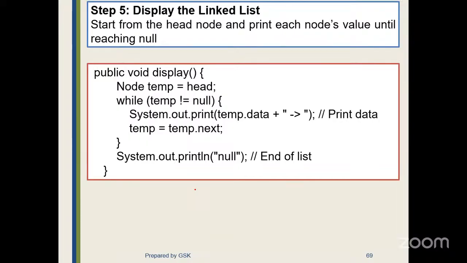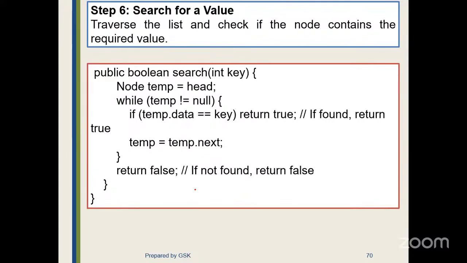Display the linked list. What are the elements available at the particular point of time? We can use the display method in the code to display the elements whatever we have in the linked list. Then search for a value. We need to receive a value from the user at runtime, and we need to search for that particular key, whether the key is available or not in the given linked list.